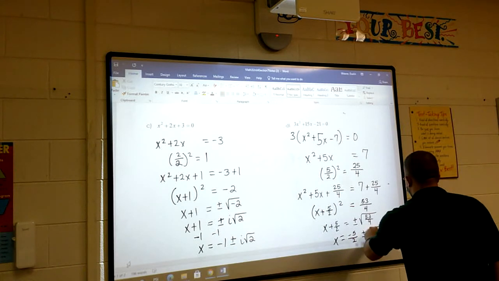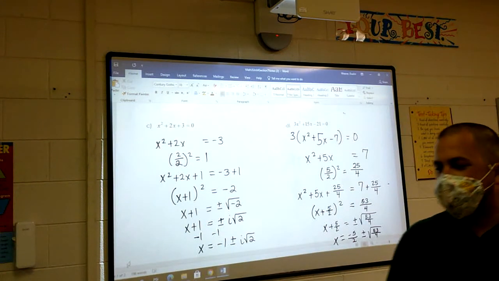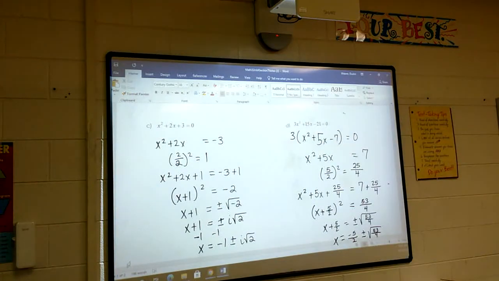And I'm going to show you something here. So there is your final answer, which doesn't look really nice. But what you can do is you can go to Desmos, 3x squared plus 15x minus 21. So let's see if I can check my answer.